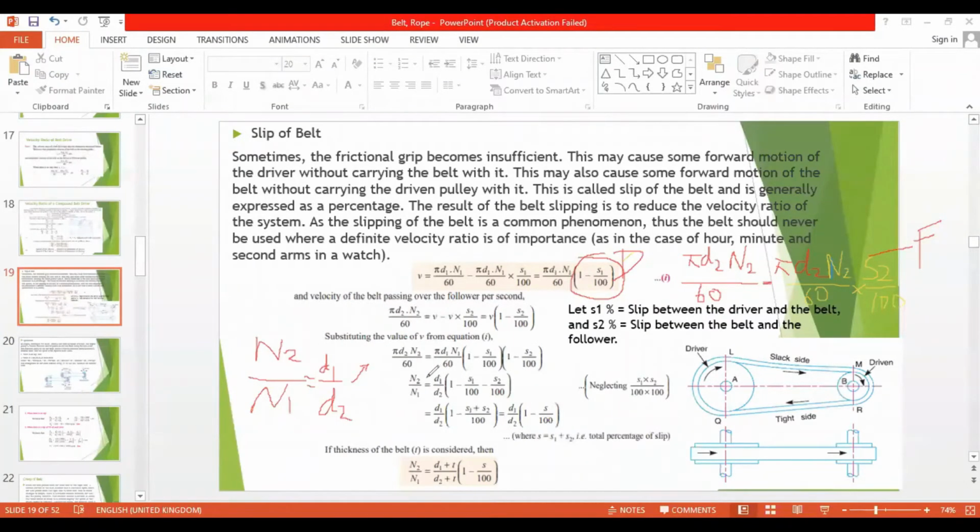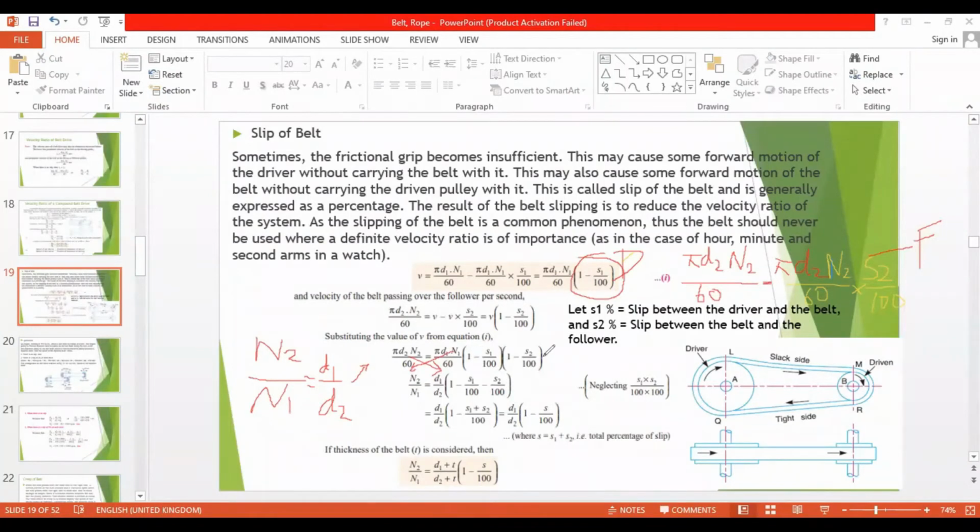When I solve it, n2/n1, the π and 60 cancel out, is equal to d1/d2 × (1 − S1/100 − S2/100). Here we are neglecting one term.